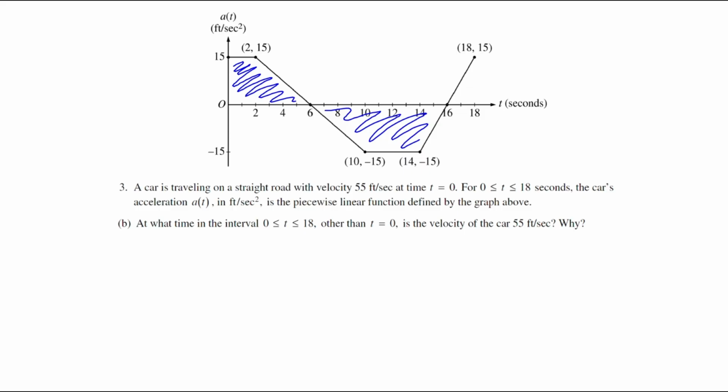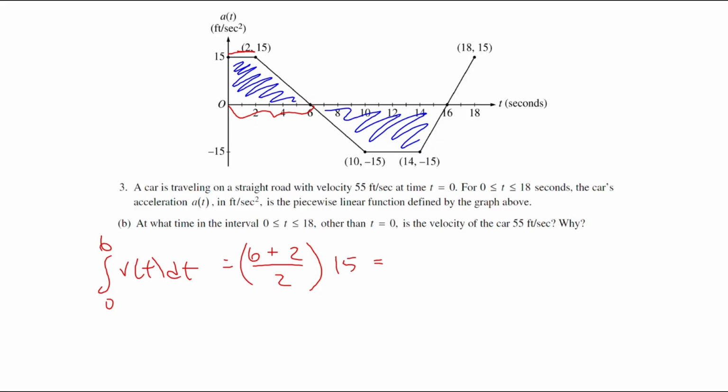And so first, let's figure out what the integral from 0 to 6 of v of t is, and then we can find where it's got that same opposite value on the rest of it. So from 0 to 6, that's just a trapezoid with a base down here of 6 and a base up here of 2. We'll divide that by 2 and multiply by the height of 15.